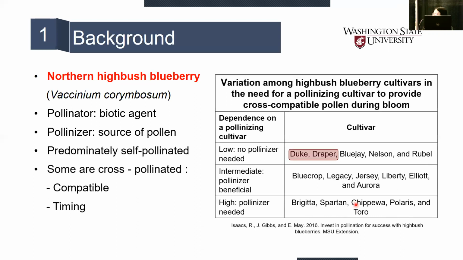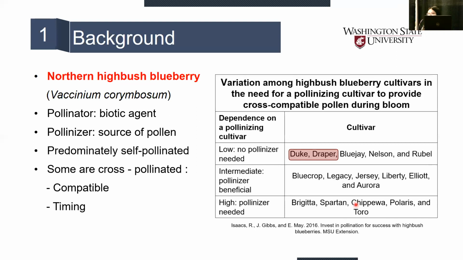That means the stigma should receive the pollen, or we can say pollinizer, from the other cultivar, so they can be fertilized. And this is rare in commercial popular cultivars because to reach a full pollination, these 2 parent plants should be compatible to each other.